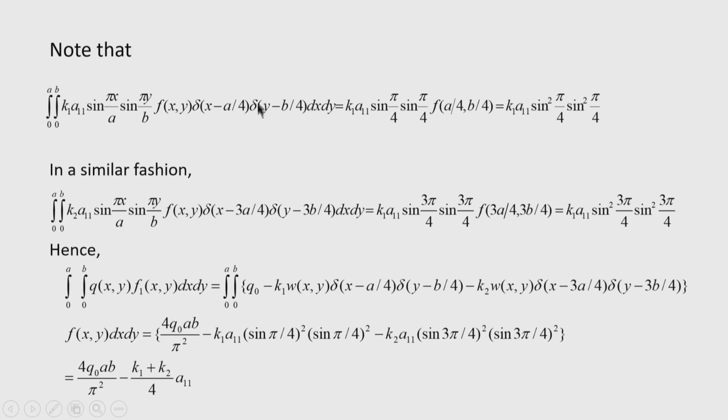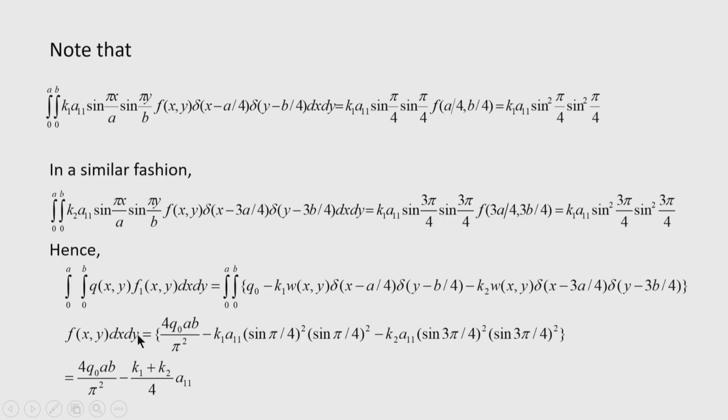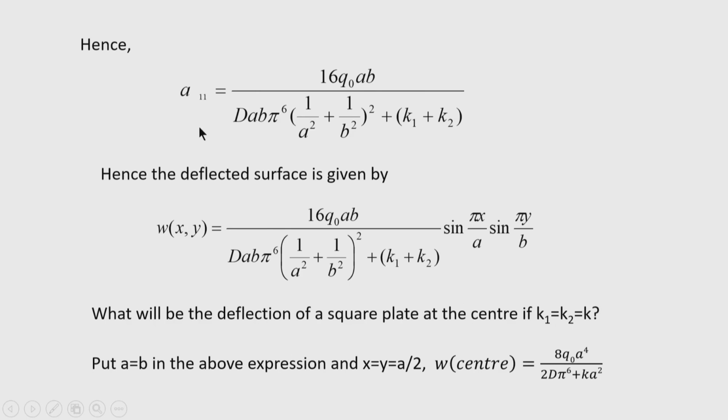First, we have evaluated for k 1, then in the second case the evaluation is done for the second spring force k 2. So, we get this term, and then using the Galerkin final equation I 1 equal to I 2, we now substitute all these quantities, and then we get a 1 1 equal to 16 q naught a b divided by d a b pi to the power 6 bracket 1 by a square plus 1 by b square whole square plus k 1 plus k 2.